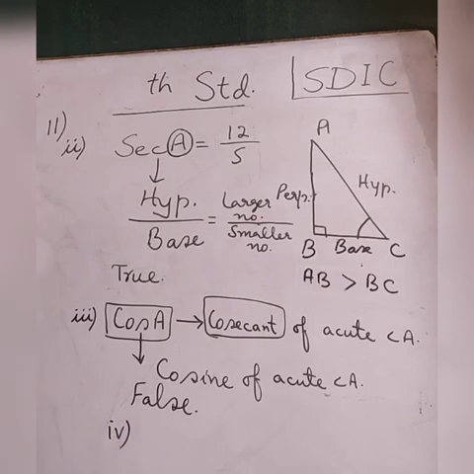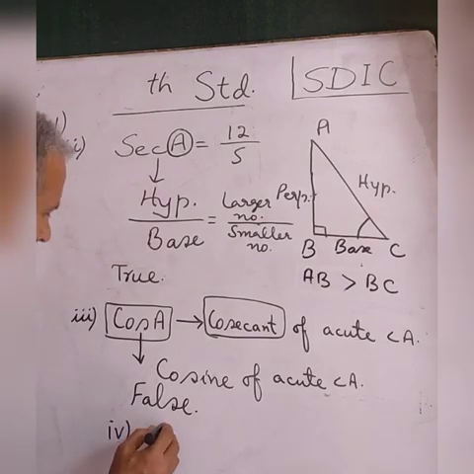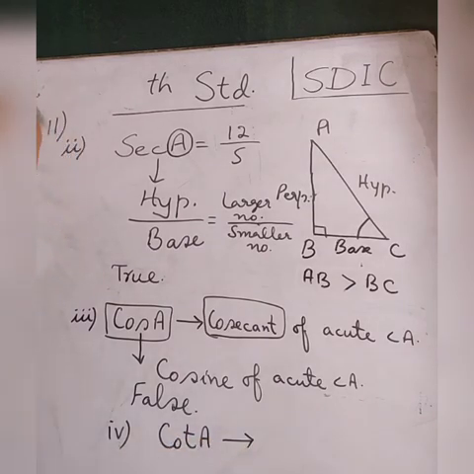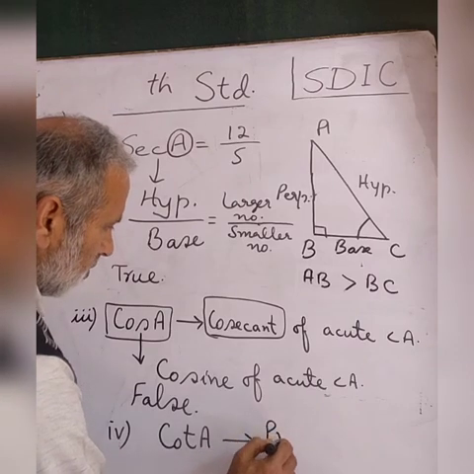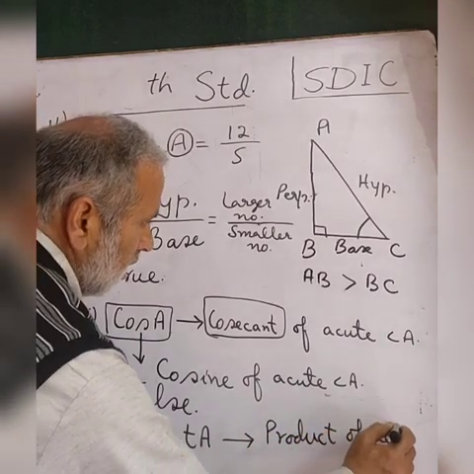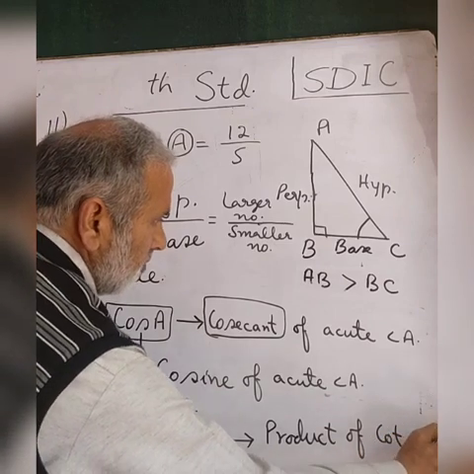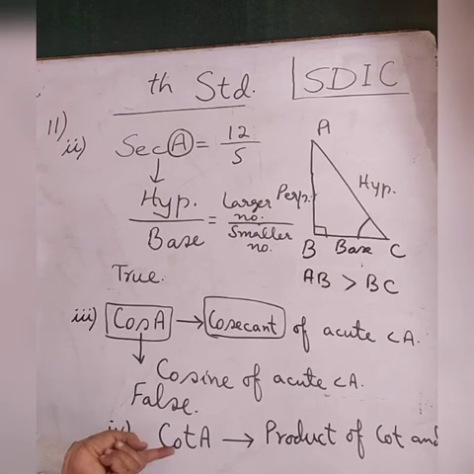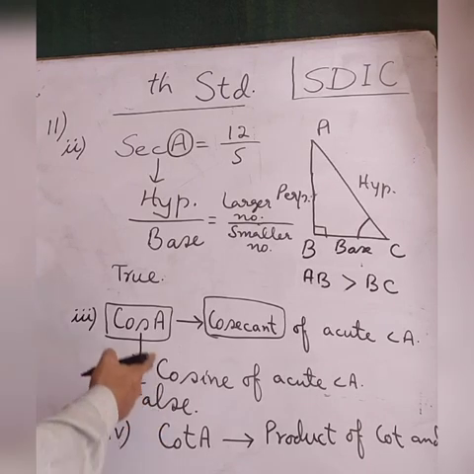Fourth part is again a similar one. We have cot A here now. As per the statement, it is the product of cot and A. Now we have already read in the definitions. What does cot A represent? It is an abbreviation like this.